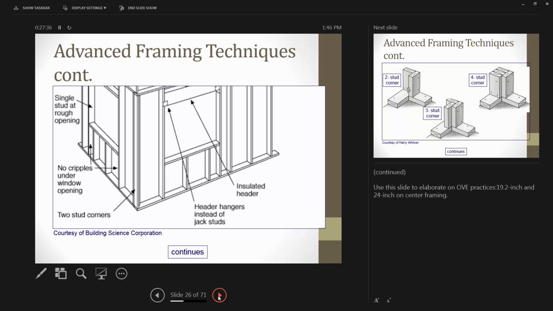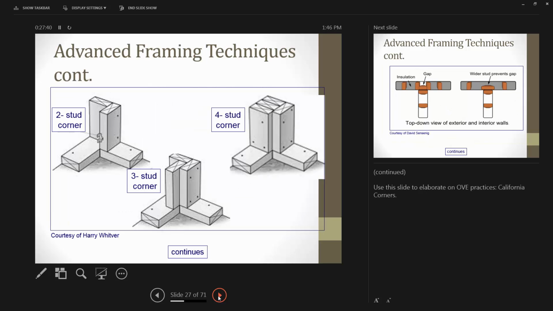There's just a couple more details, and you don't have to memorize all these. Just understand the concept. The advanced framing is less wood. So here's a perfect example, and you see the 4-stud corner, which for probably the better part of 50 years is how most walls were built.